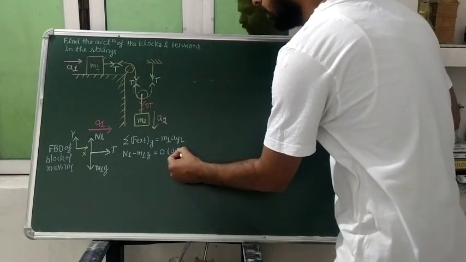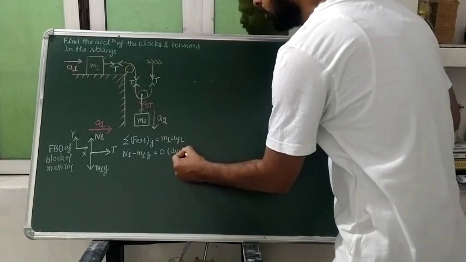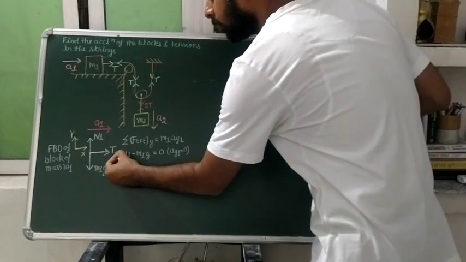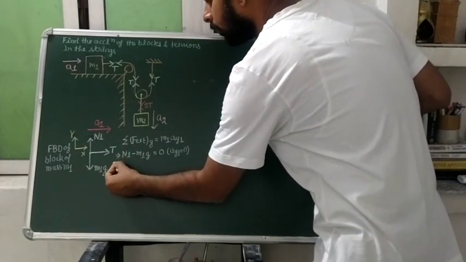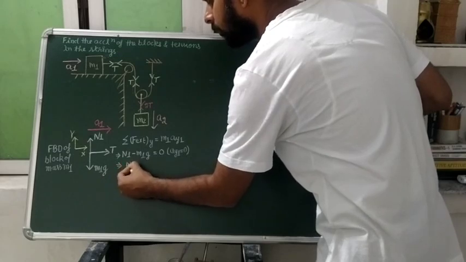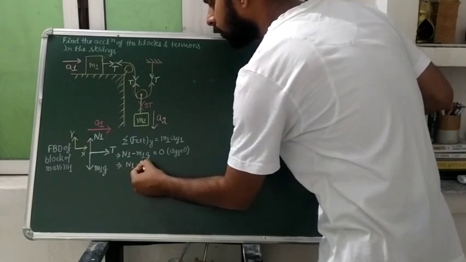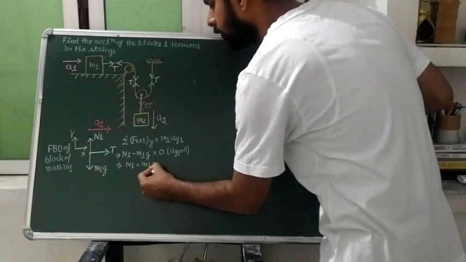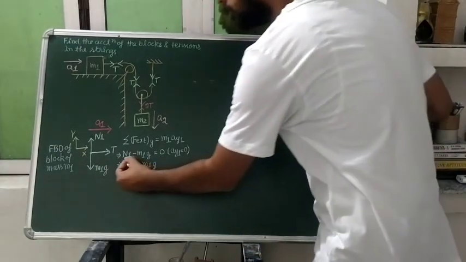So ay1 is equal to 0, so the right side will become 0. So from here what will we get, students? That our n1 will be equal to m1 times g, isn't it?